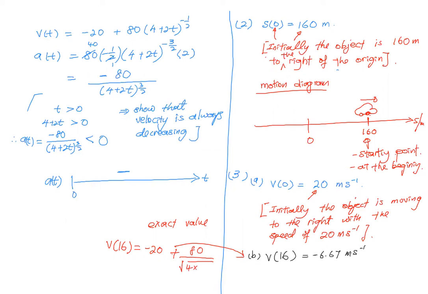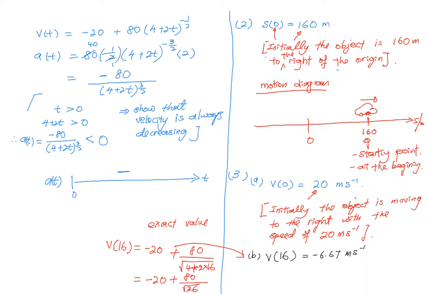4 plus 2 times 16. So it is negative 20 plus 80 divided by the square root of 4 plus 2 times 16, which is 32 plus 4, so the square root of 36. The square root of 36 is 6.